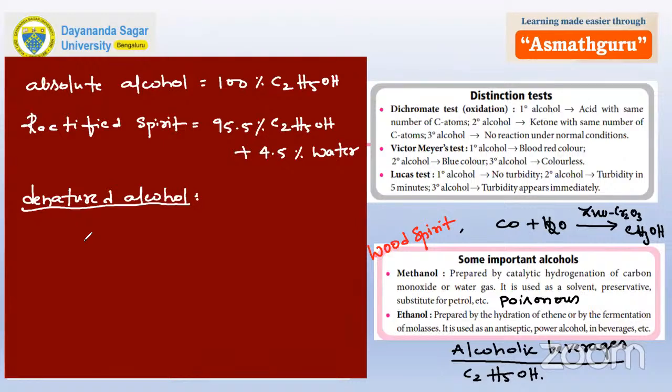So what has the government done to prevent the loss of revenue? The government denatured the commercially available alcohol. What is commercially available alcohol?